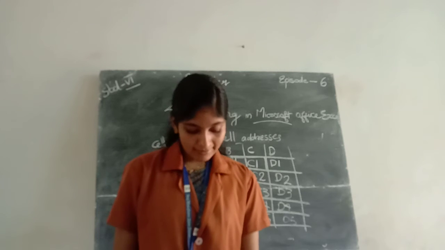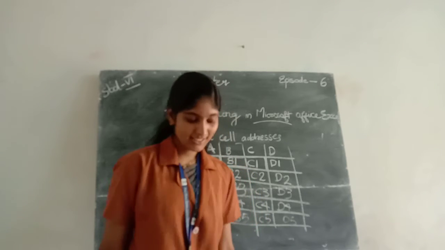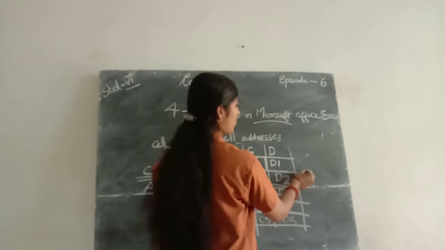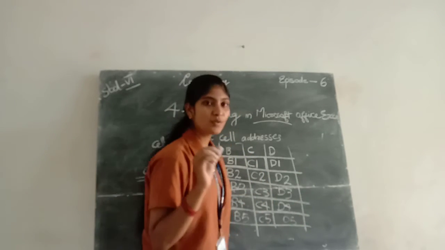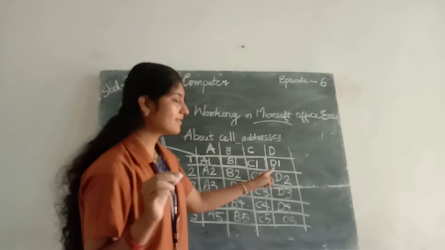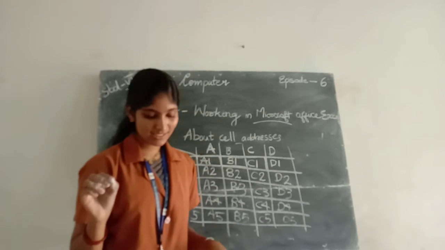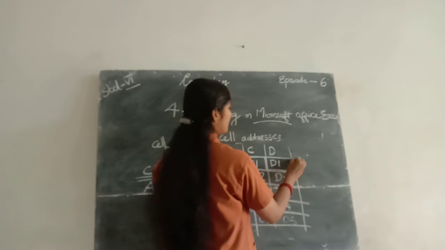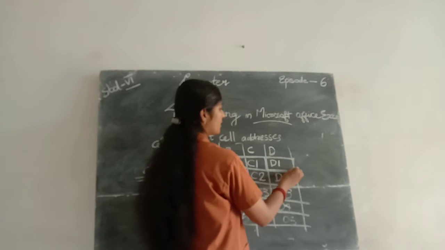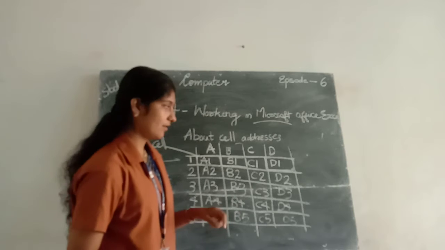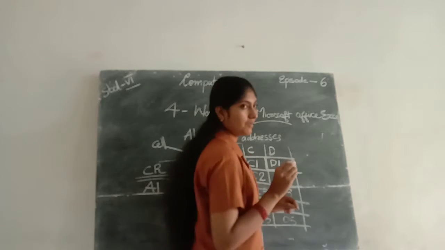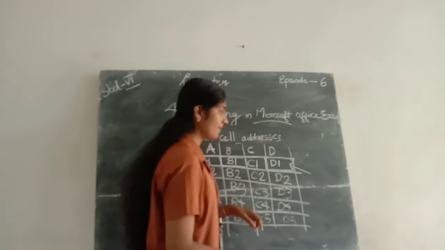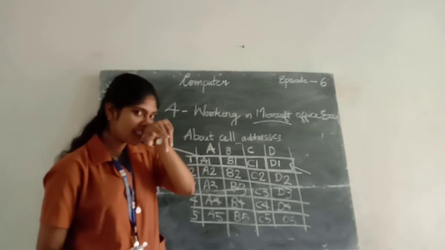So when you click on a cell, it becomes active. That means here this is the mouse pointer, and if you click any of these cells, it becomes active and a red outline will appear in that cell. Here if we click the mouse pointer in this cell, D1 is active.